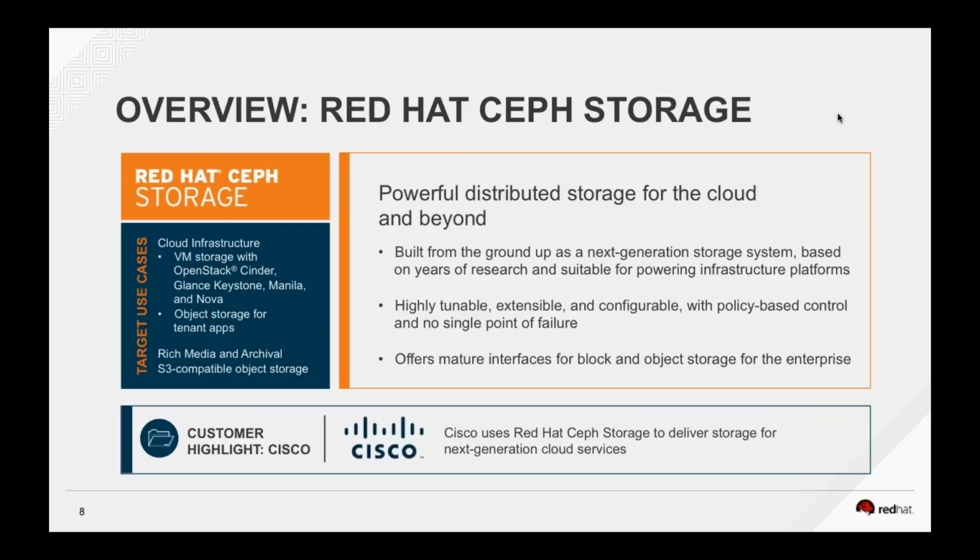Again, quickly, let me dwell into the Red Hat storage product overview. So this one is on Red Hat Ceph storage. If you see on the left side, we are talking about a target use case. Red Hat Ceph storage is a powerful distributed storage for cloud and beyond.